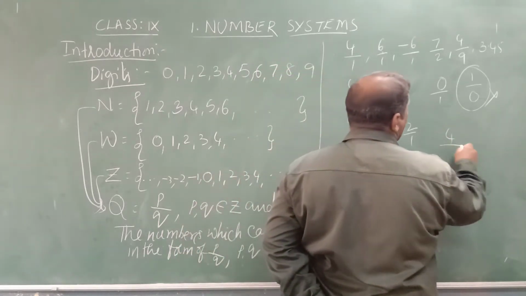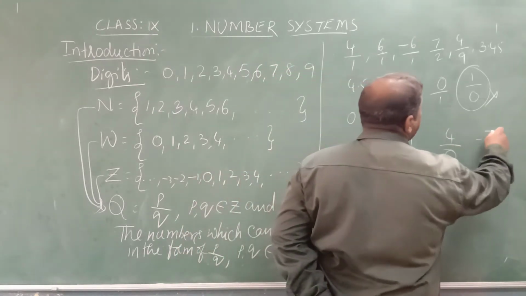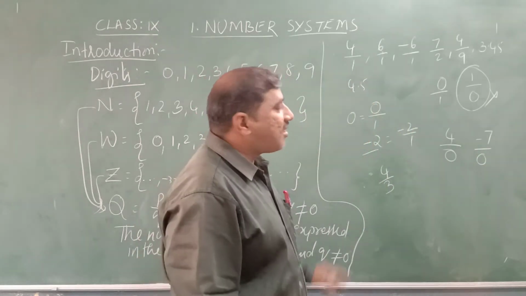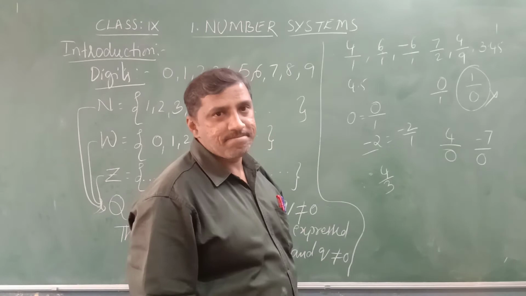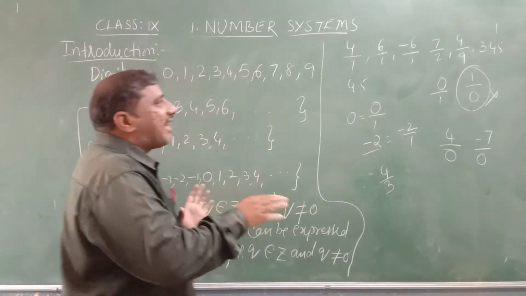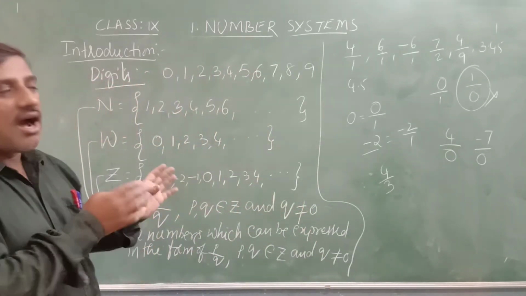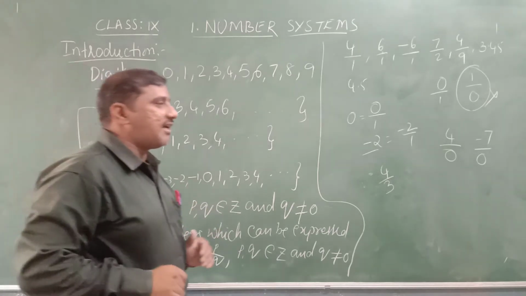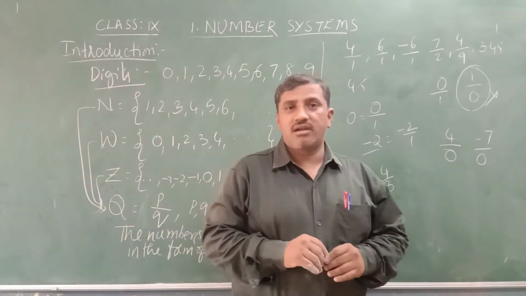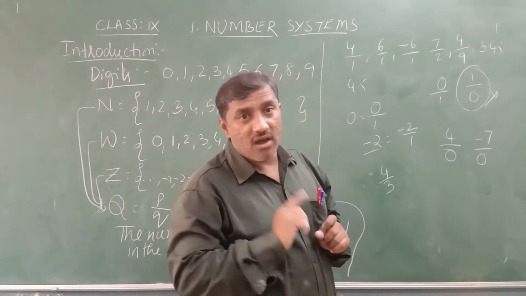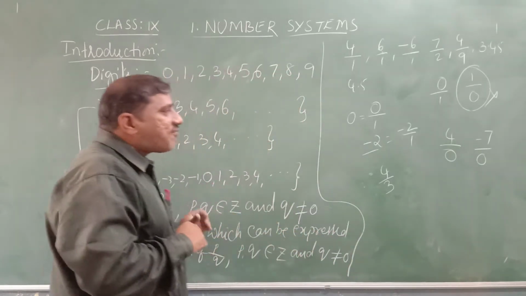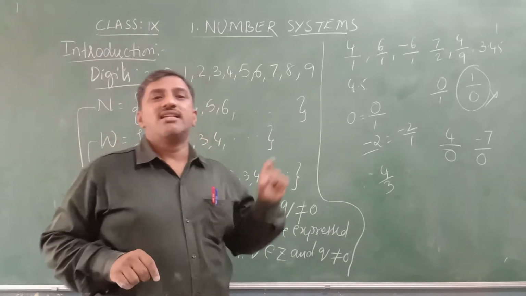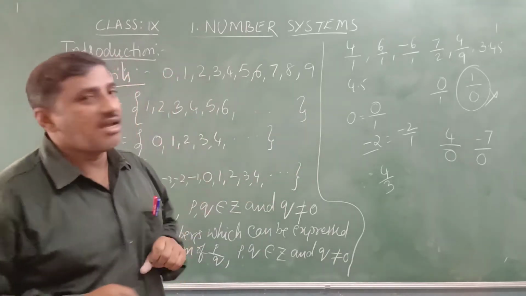4 by 0 is not a rational number. Minus 7 by 0 is not a rational number. They are not rational numbers. Clear? So how can we identify which are rational numbers and which are not? All numbers with denominator 0 are non-rational numbers. If any denominator other than 0 is there, any integer, such numbers are known as what?